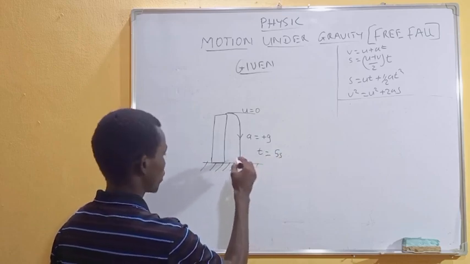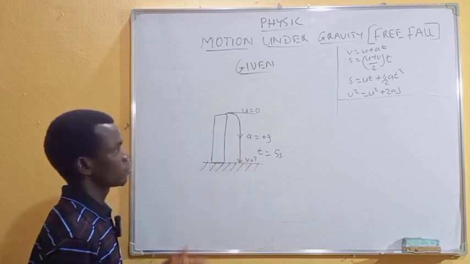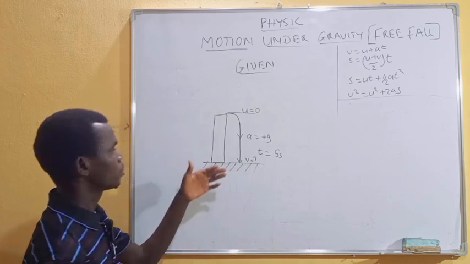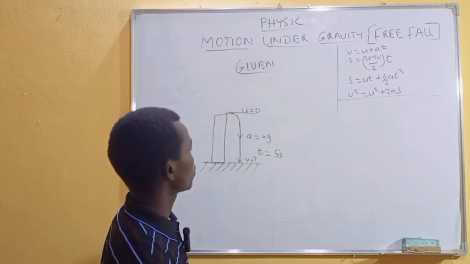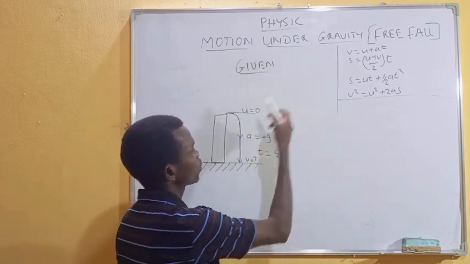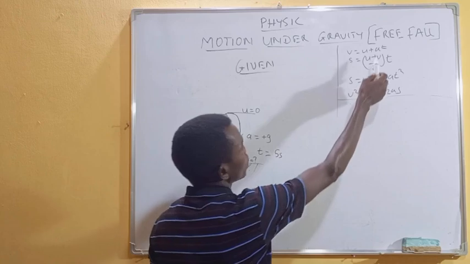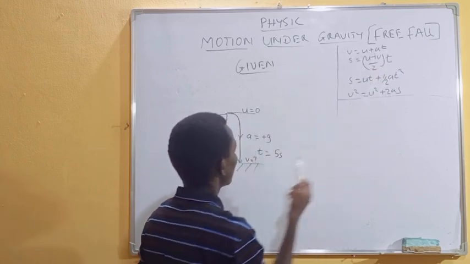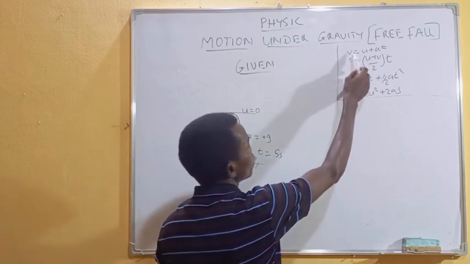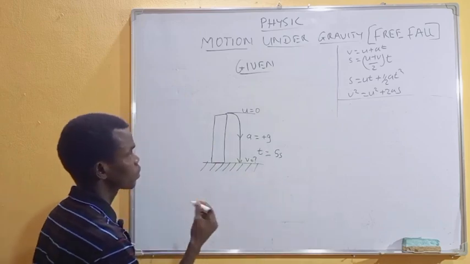And we are asked to find the final velocity, v. From the given parameters, if you compare with the 4 equations of motion, you will see that we have initial velocity, acceleration, and time, and we are asked to find velocity. Equation 1 is the best to use for this question.